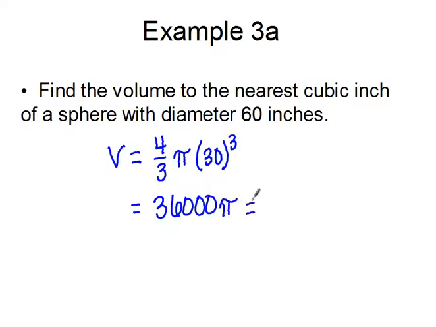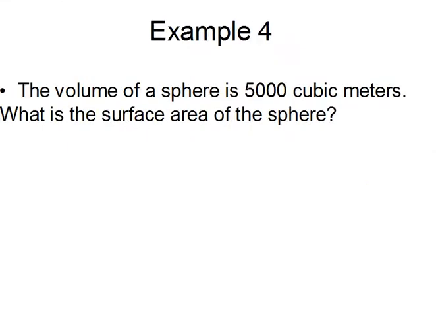But they asked for it to the nearest cubic inch. So we're going to go ahead and multiply it by pi. And the nearest cubic inch would be 113,097 inches cubed. Okay, you have to read your directions and figure out what you're going to leave your answer in.